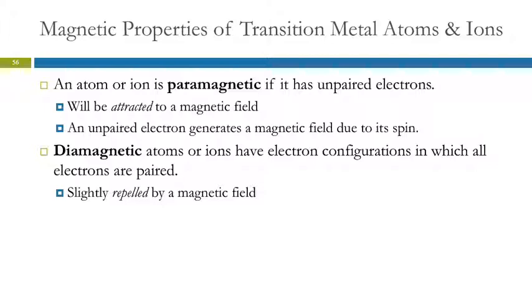Paramagnetic things will be attracted to a magnetic field. It's because of that unpaired electron. The spin of that electron not being paired up with another one of the opposite spin creates a magnetic field. Diamagnetic atoms or ions, all of the electrons are paired up, and so it's either not attracted at all or actually slightly repelled by a magnetic field.